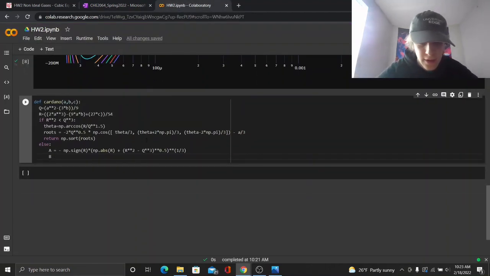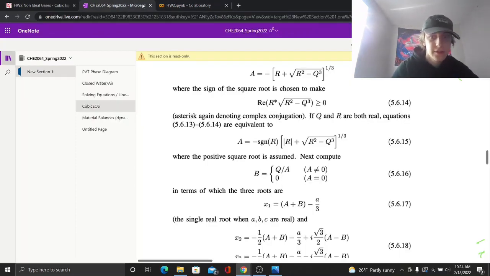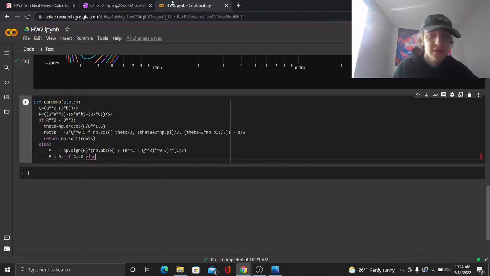So B equals 0 if A is equal to 0. Every other case, when it's not equal to 0, it equals Q over A.